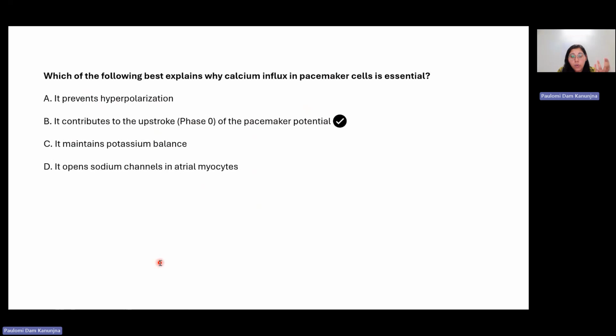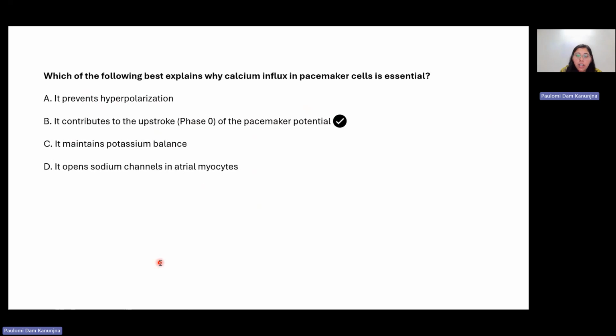And what do they do? Remember, it's depolarization, so what do we have to do? You basically contract. Calcium ions trigger contraction in the atrial myocardium downstream. So it contracts the atrium and pushes blood down into the ventricle. And because it pushes into the ventricle, the next QRS phase starts, which further leads to the ventricular contraction.